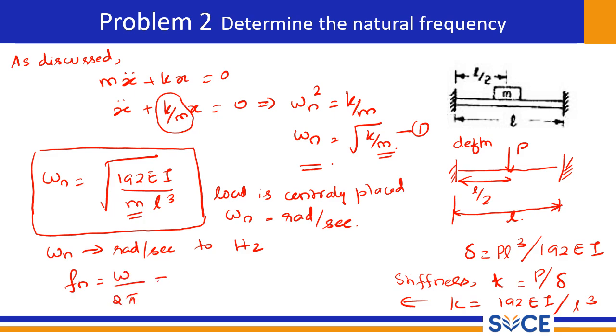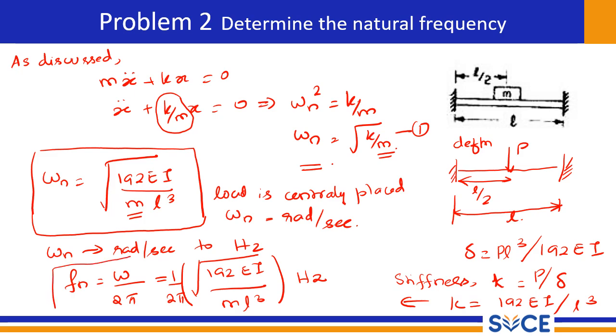So omega is already root of 192 EI divided by m L cube, multiplied by 1 divided by 2 pi. So we can calculate the natural frequency in terms of hertz by using this formula, that is, converting radians per second to hertz.